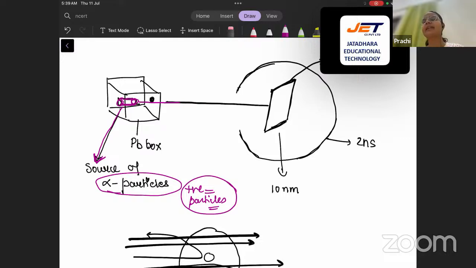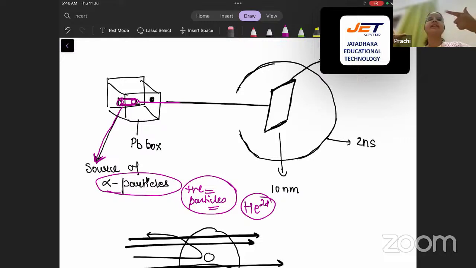When I say alpha particles, this is basically helium without electrons, helium with two positive charge, and we are shooting them at very, very high speed.